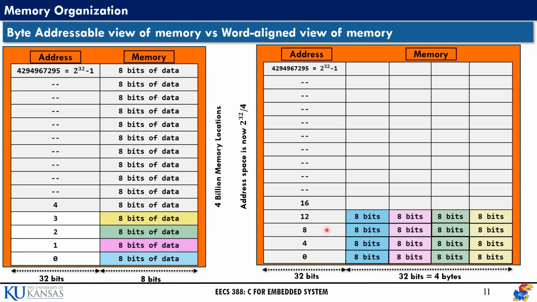Now we are only considering 2 to the power 32 divided by 4 address space. So yeah, this is more efficient for the CPU registers to load the data from the memory. Instead of loading 8 bits, with just one address we can load 32 bits of data into the register.